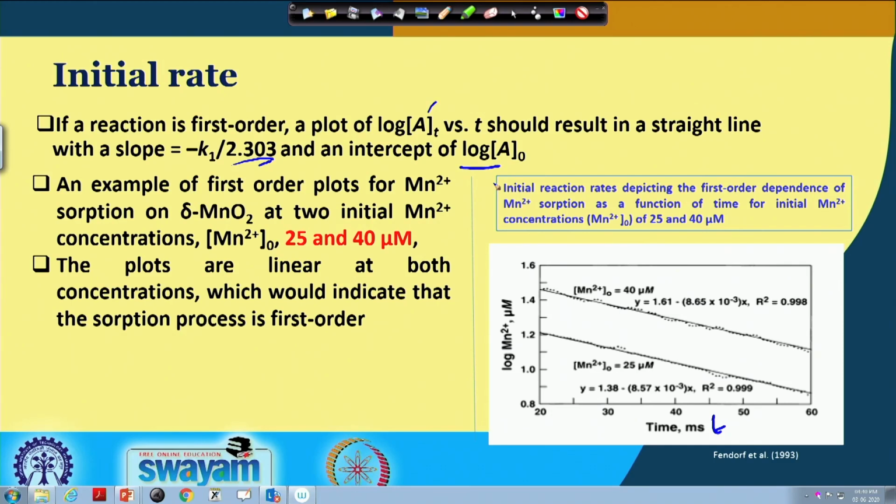Now, this is an example of a first order plot for manganese sorption on manganese oxide at two initial manganese concentrations, one at 25 micromolar and another at 40 micromolar. We are seeing how the manganese concentration changes as time progresses onto the manganese dioxide, and we get these two plots, which show a first order sorption process or first order reaction.